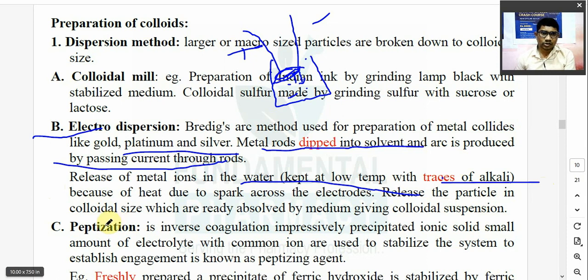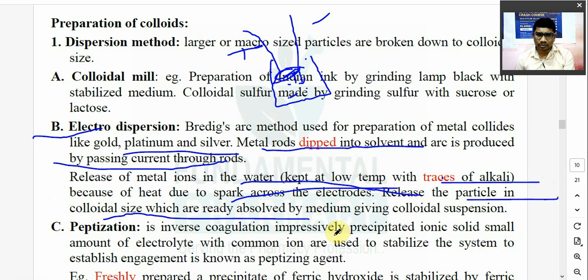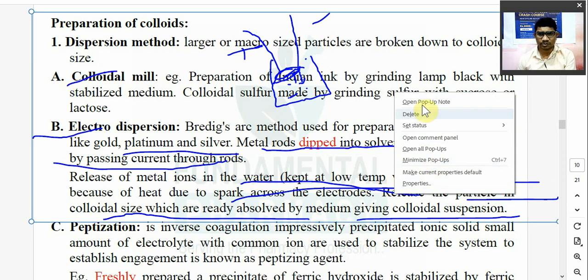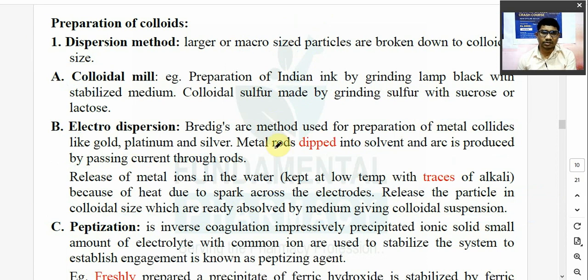Because of the heat from the spark across the electrodes, particles of colloidal size are released and dispersed in the medium, giving a colloidal dispersion. So how to make a colloidal dispersion? One is the colloidal mill, the other is electro-dispersion, which is mostly used for metals to make metal colloids.